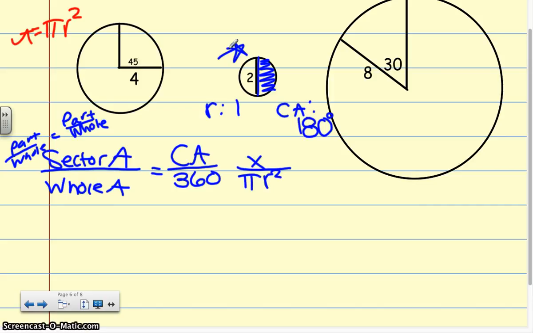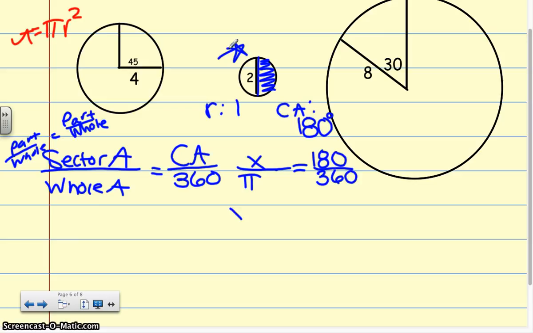Now I'm just going to do some substituting here. R is 1. 1 squared means 1 times 1, so 1 squared is 1. That same pi times 1 is just pi. So x over pi is equal to our central angle over 360, the whole.